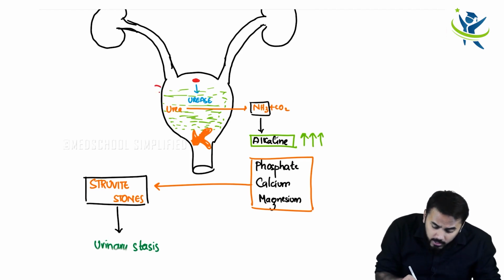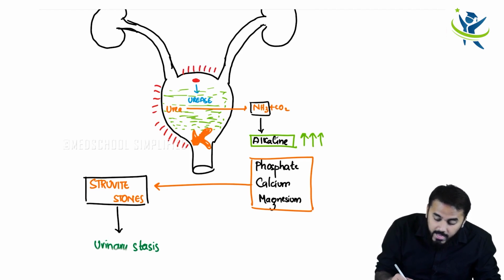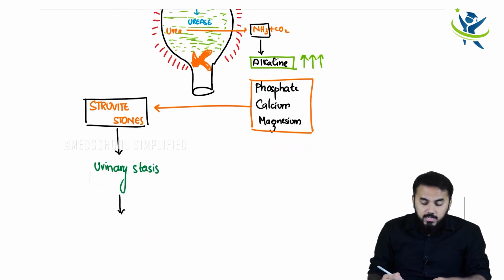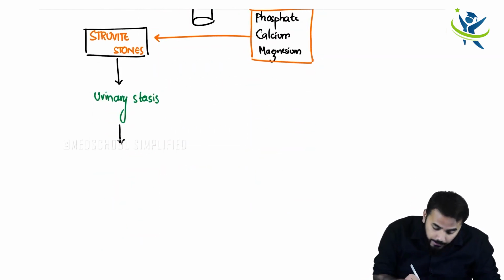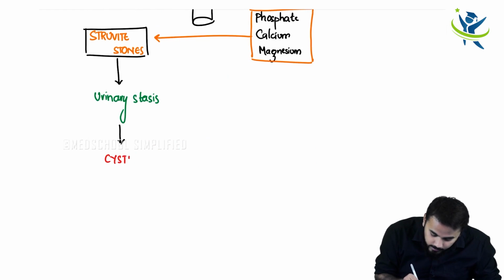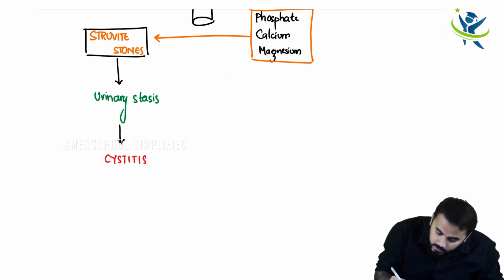So the entire urinary bladder gets inflamed, it gets infected, and this condition is called cystitis. So initially, whenever there is urinary stasis, the patient will have cystitis.